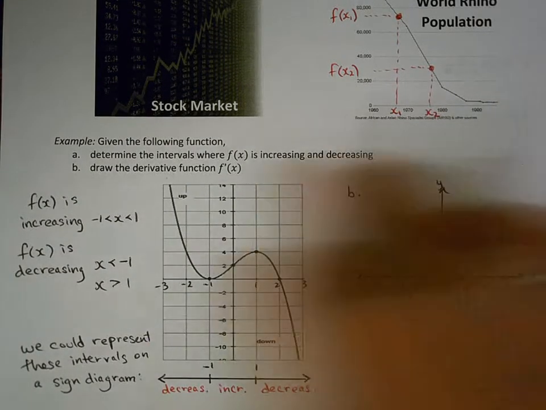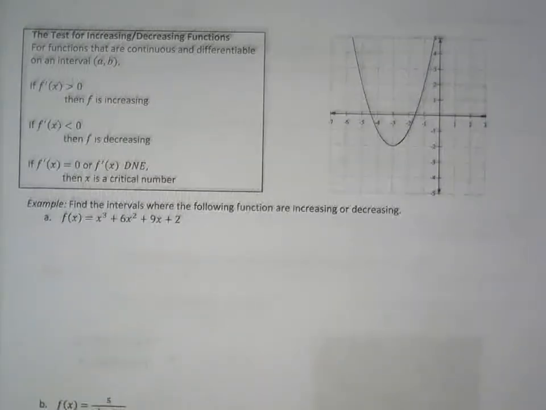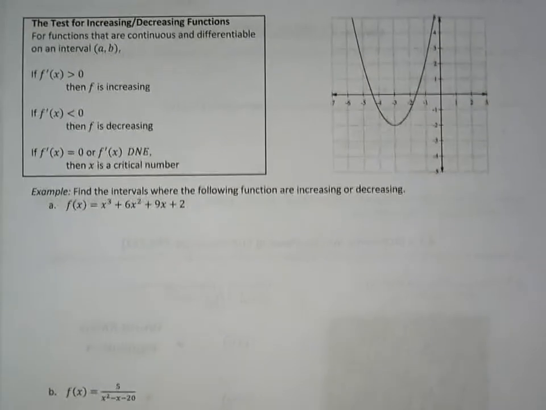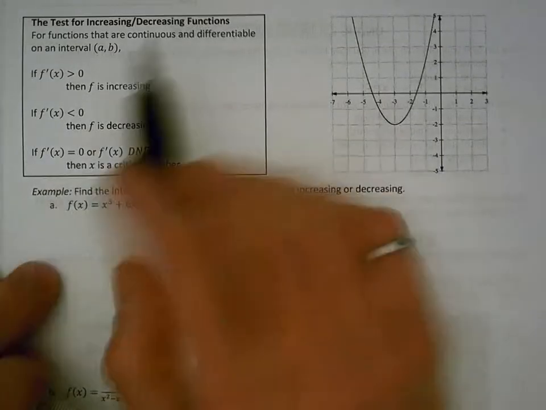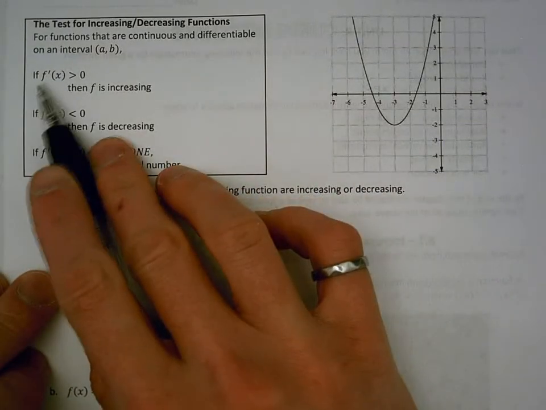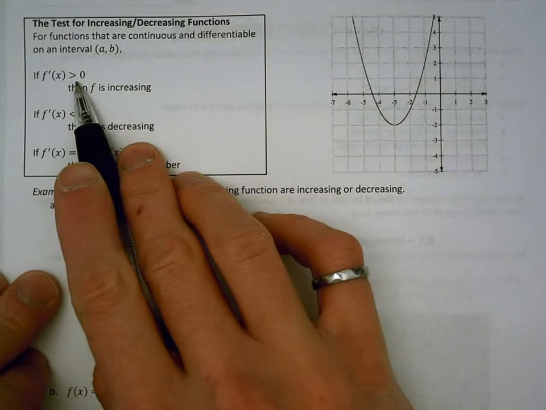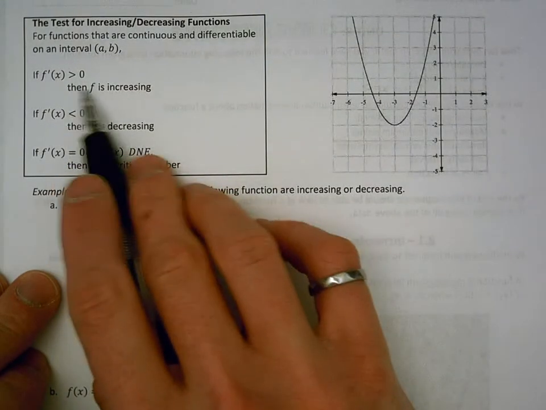Okay, let's turn the page. Okay, so how can we figure out if a function is increasing or decreasing by looking at its equation? Well, we just talked about it. If the derivative is greater than 0, then the function is increasing.